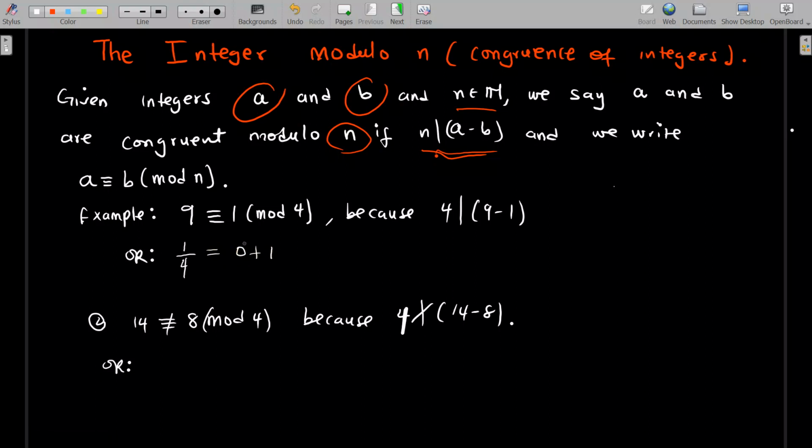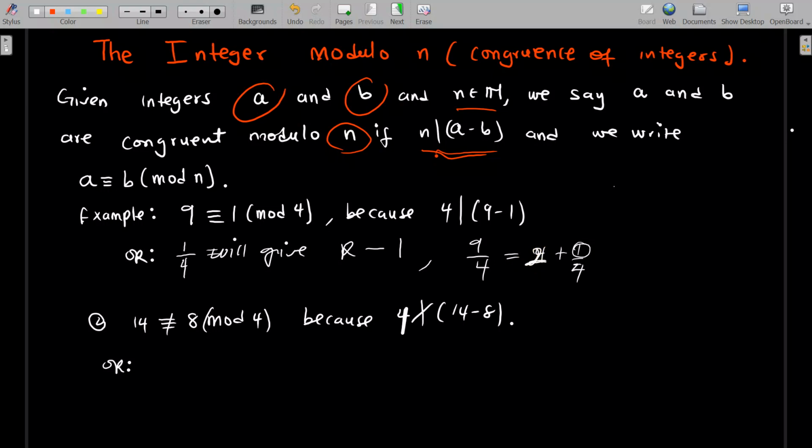It cannot divide wholly, but the remainder is 1. Now compare with dividing 9 by 4: 4 goes into 9 two times, and then the remainder is 1.